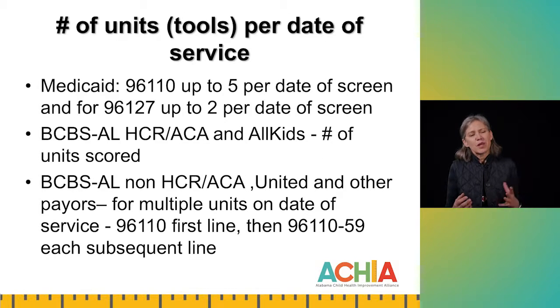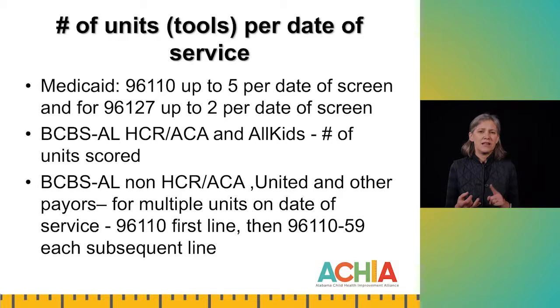And then the issue comes up about how many units or screens or tools can you ask for on the date of service. So for Medicaid, for your 96110s, those are the development and autism screening tools, you can get up to 5 per date of screen. Now, in this collaborative, you're only going to need 2.